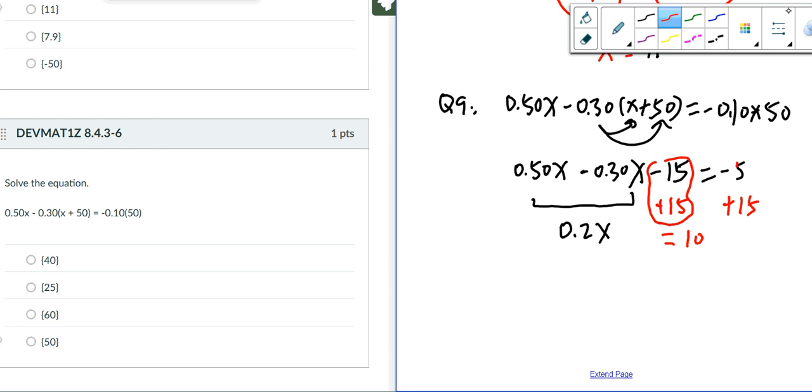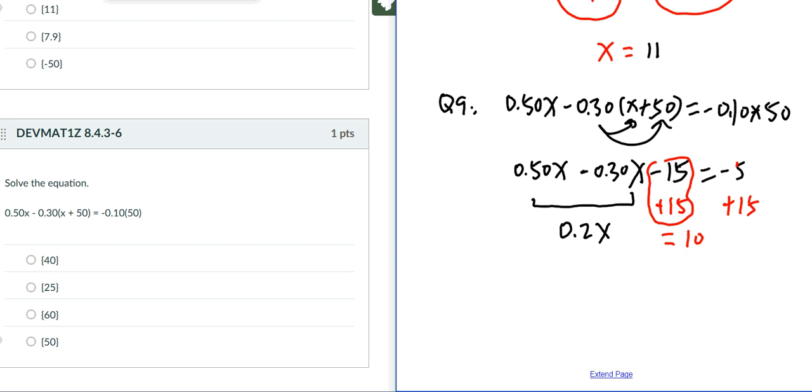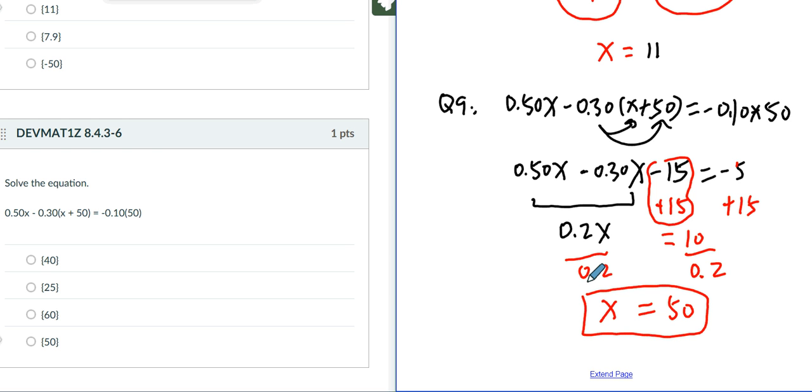And then both sides, we want to divide by 0.2. So we then have an x on the left. Right-hand side, that's 50. So we have a 50. We put right here. That's the solution. So the answer would be here, the last one.